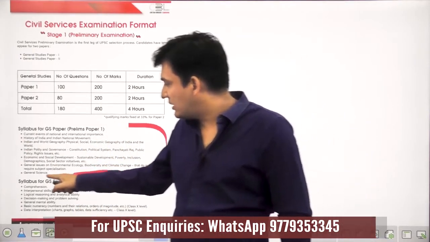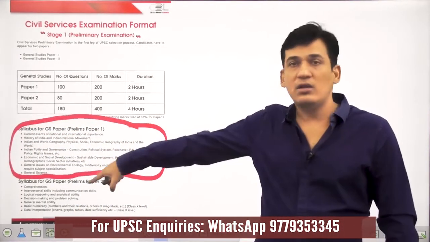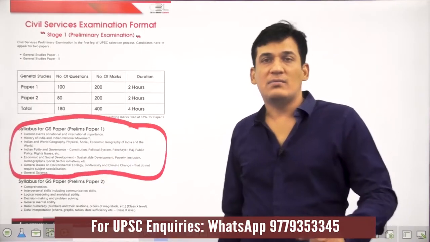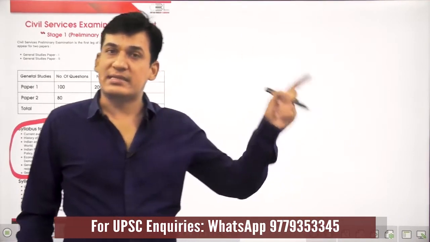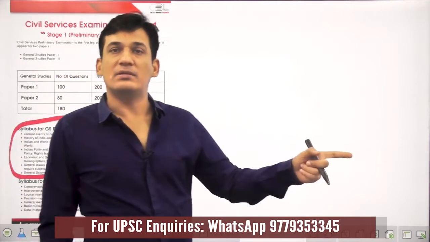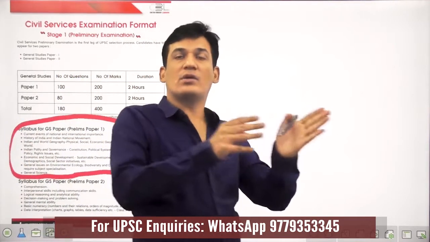And last but not the least, general science. Now, although here in your syllabus they have written general science, if you look at the exams, if you look at the past year papers, they have shifted the focus from general science to science and technology. What is the difference?